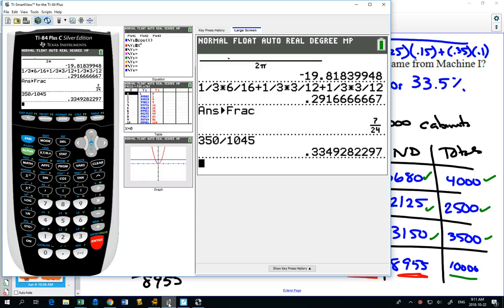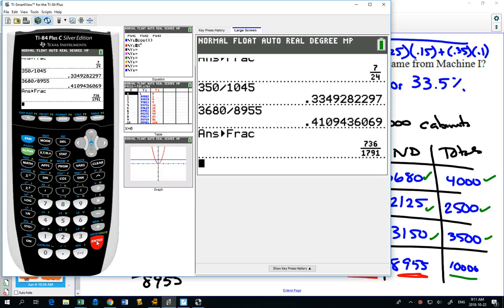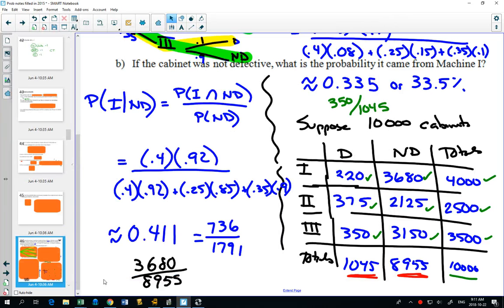If we type that in to our calculator, we get the 41%, just as we've seen. If we change that back to a fraction, it will reduce it for us to be the 736 out of 1791, which tells us that that number is exact.